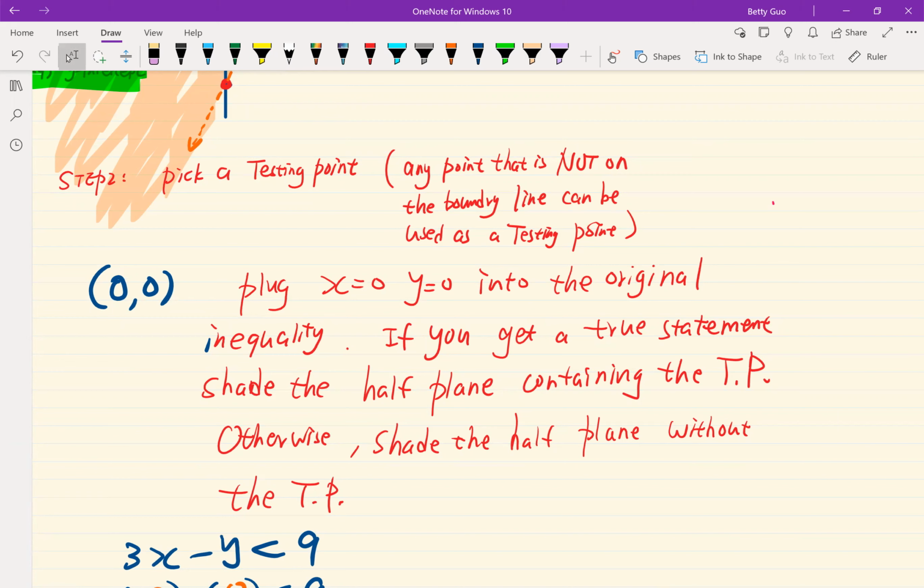If you get a true statement, meaning the testing point is a solution, then you shade the half plane containing the testing point. Otherwise, you shade the half plane without the testing point. And that's how we graph the solution set for a given linear inequality in 2 variables.